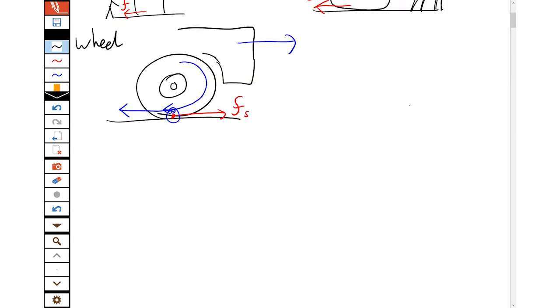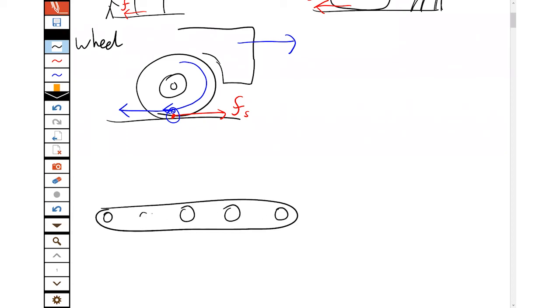Another example is conveyor belts. If you have a conveyor belt carrying a block forward, so you've got a block there, and the conveyor is pulling that way, so it's trying to pull the block forward. Well, what's the only force that can do that? Well, you think about it.